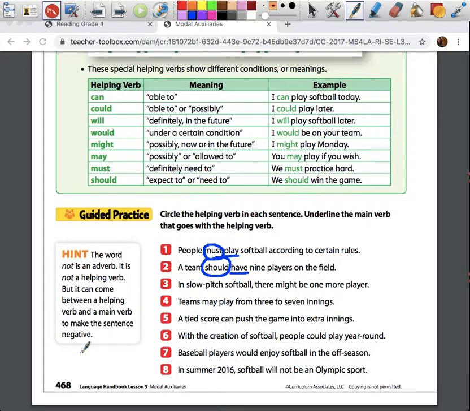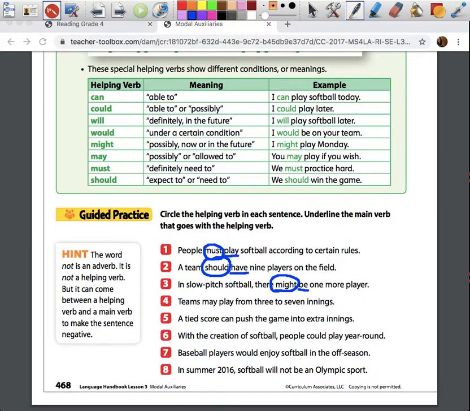And we also know that be can sometimes be used as a main verb. So, right there, be. And which word helps be? And we've got the word might.